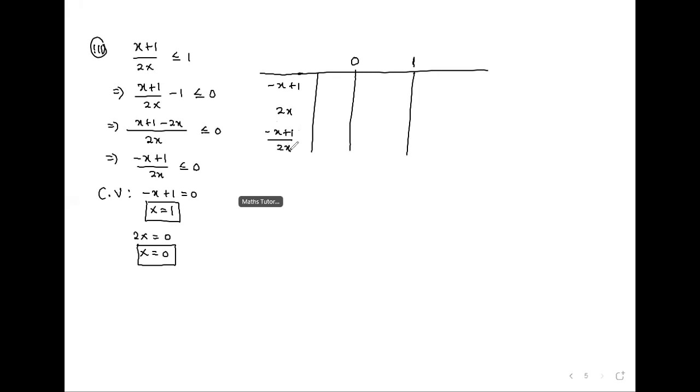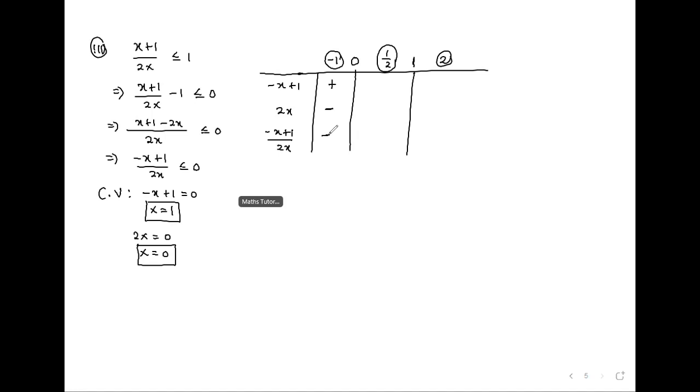A number less than 0, negative 1. In between, half. Equal 2. You substitute for the first one: negative x plus 1, negative negative, you get a positive. Down, you get a minus, that is 2 times negative 1. You divide, you get minus.